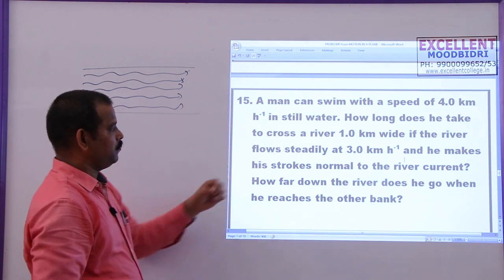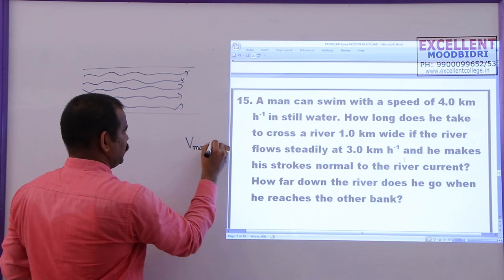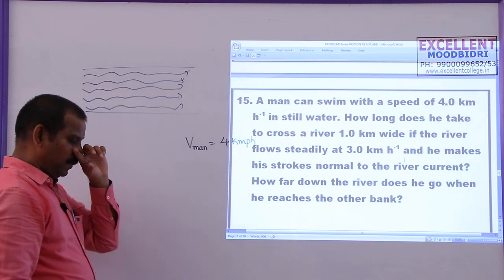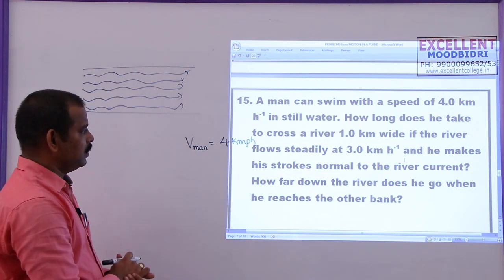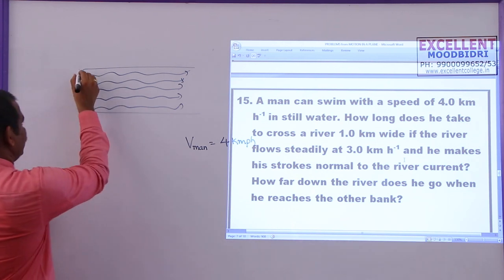Now, a man can swim with a speed of 4 kmph in still water. Velocity of man in still water is 4 kmph. That means if the velocity of water is 0, if water is still, then he can swim with this speed. Now, how long does it take to cross a river 1 kilometer wide?